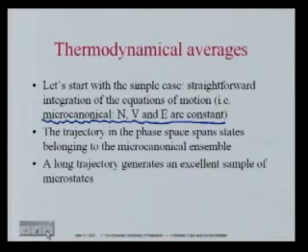And so as we evolve this point in phase space, its trajectory is going to span what we call the microcanonical ensemble.